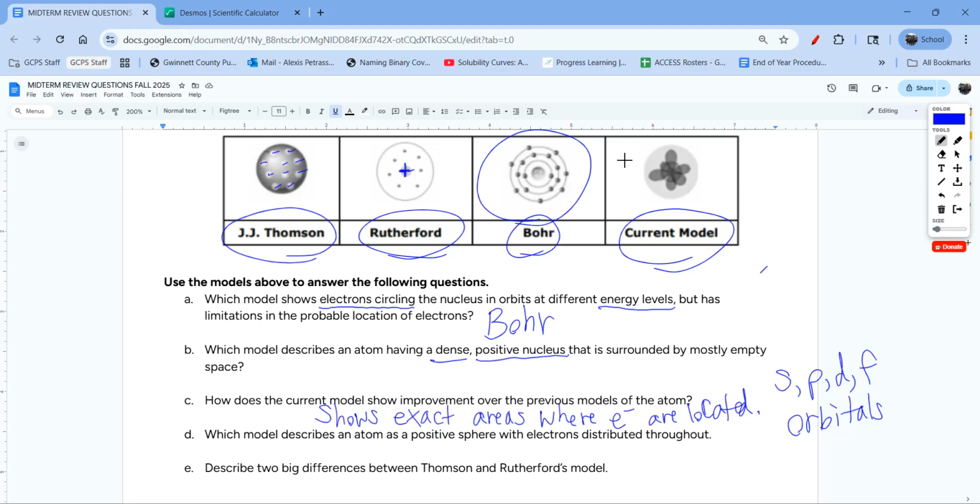So just looking at them, does Thomson have a center nucleus? Thomson does not, but Rutherford does. You just need to put that in 2 words. Also, Thomson discovered the electrons. Rutherford discovered that there's a positive nucleus, and that he knew the electrons were around it.